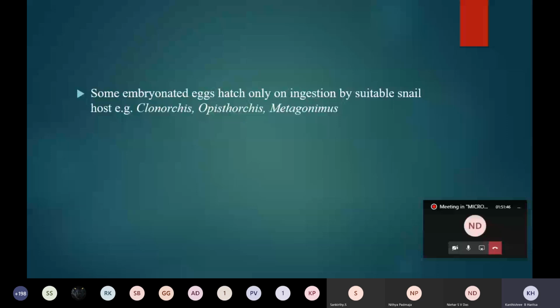Then some embryonated eggs hatch only on ingestion by a suitable snail. Examples: Clonorchis, Opisthorchis and Heterophyes.